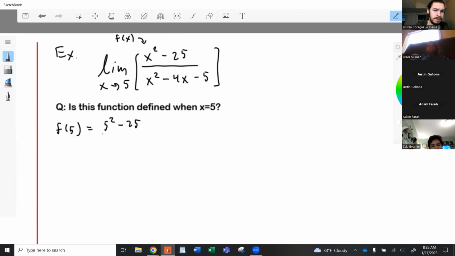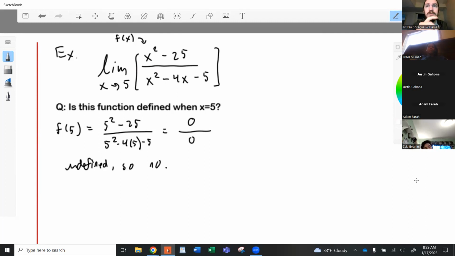No, denominator equals 0. Yep. That's 25 minus 20 minus 5, that's 0. The numerator is 25 minus 25, which is also 0, interestingly. But it's undefined, right? So that means not continuous.